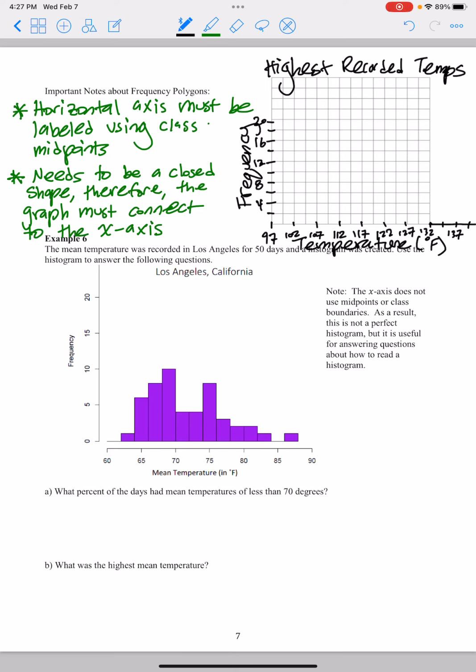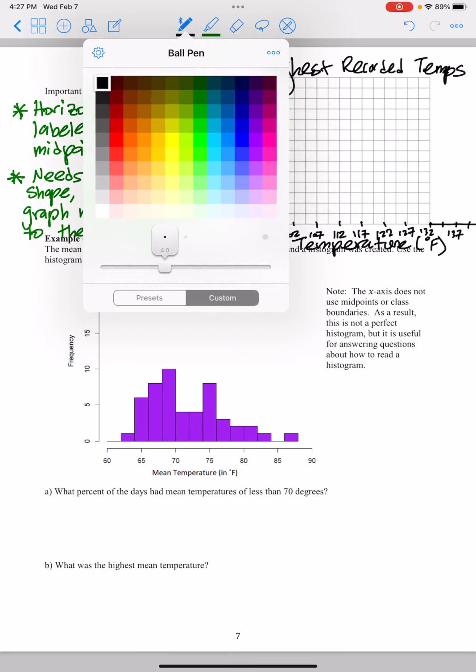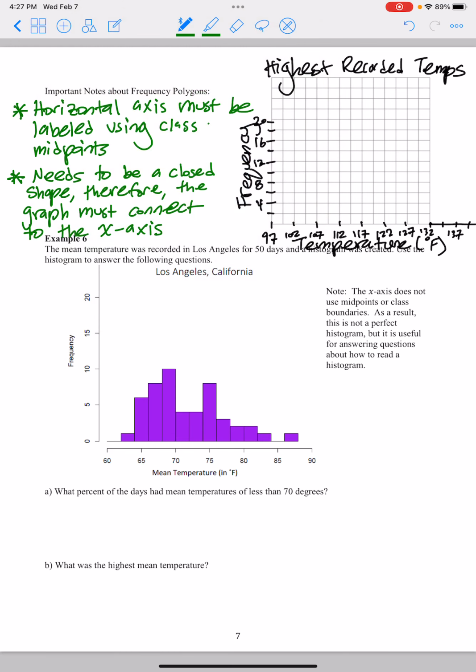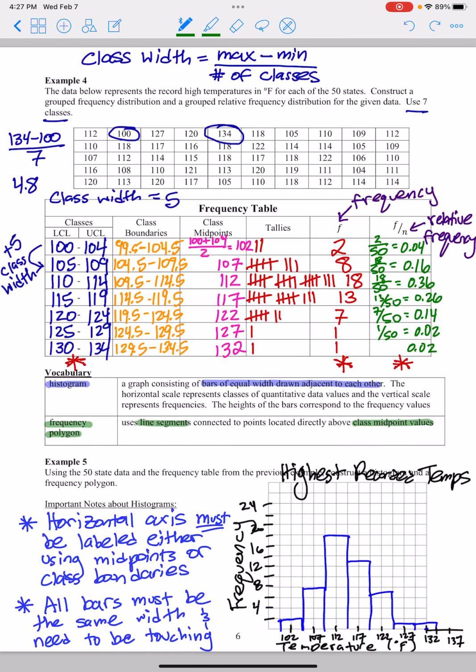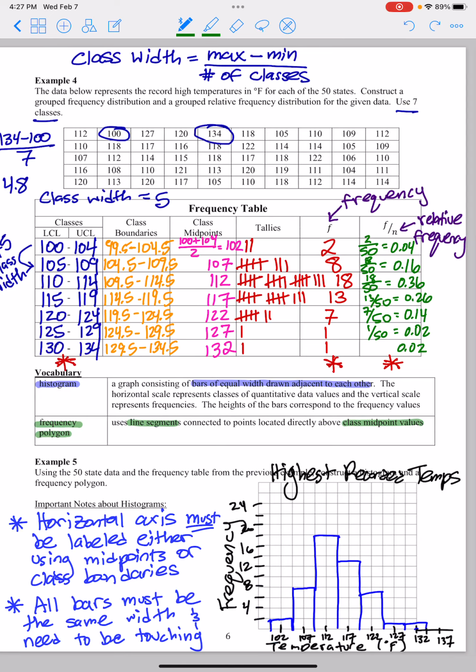So what we're going to do is, for the frequency of each class, mark it off above the midpoint. So here at 97, there's no data. We have to start on the x-axis, so that's why we put that 97 there. At 102, we had a total of 2.